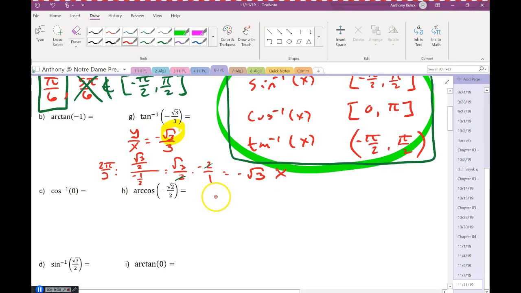Okay? So then I'll try the 5 pi over 6. That's 1/2 over negative square root 3 over 2. That's going to give me 1/2 times negative 2 over square root 3, which is negative 1 over the square root of 3.